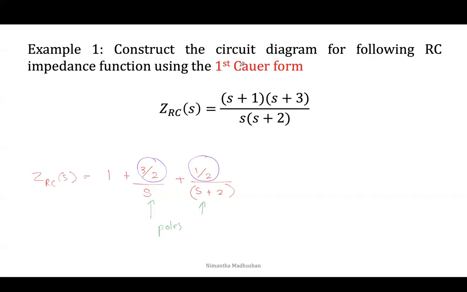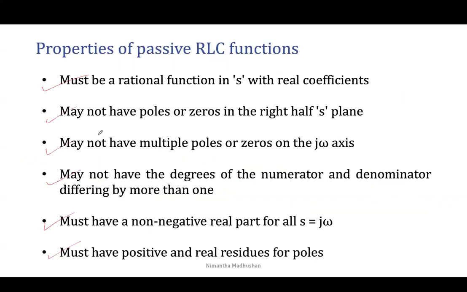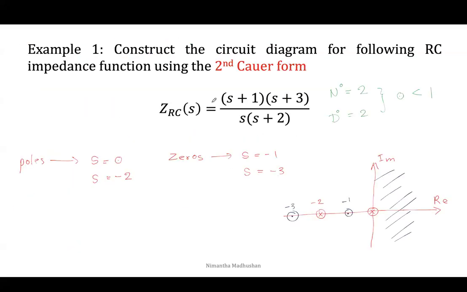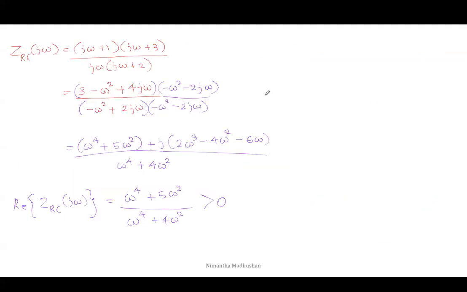To develop the circuit, we can apply the first Cauer form. For that, set Z_RC(s) equal to (s squared plus 4s plus 3) over (s squared plus 2s). This is the expansion of this Z_RC function.